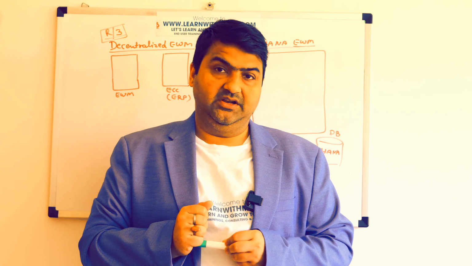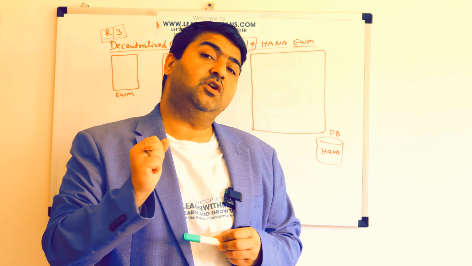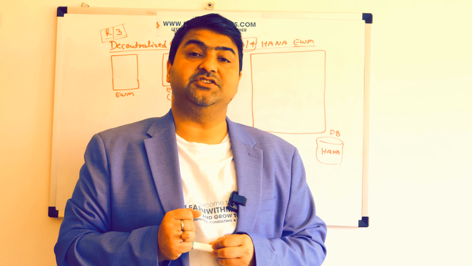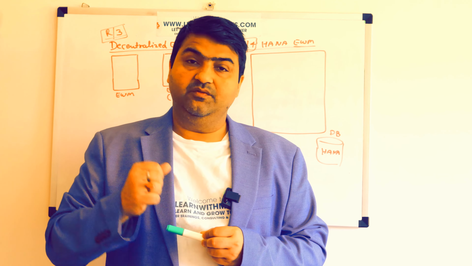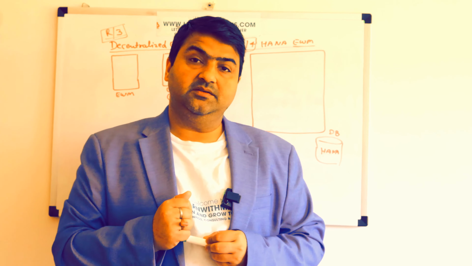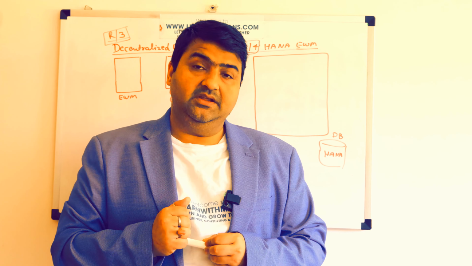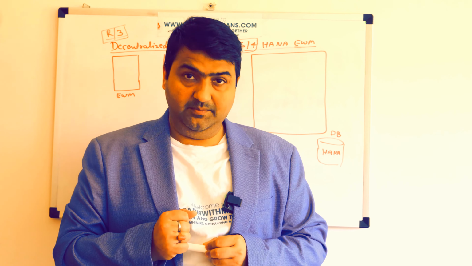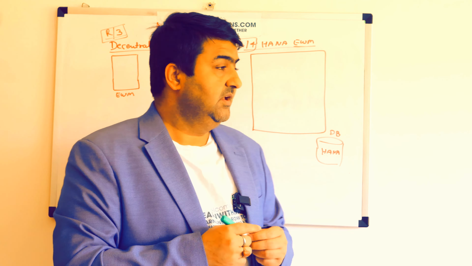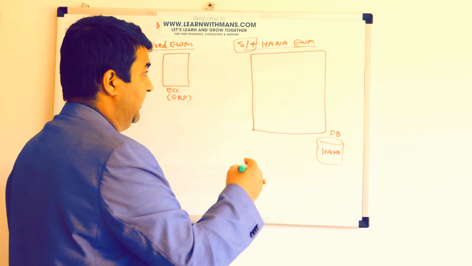What do we do first? We create the purchase order. I will tell you one by one. Then we create the inbound delivery on the ERP side, and then we process it into the EWM layer. So see here, S4 HANA EWM.